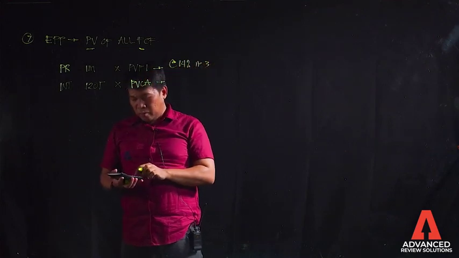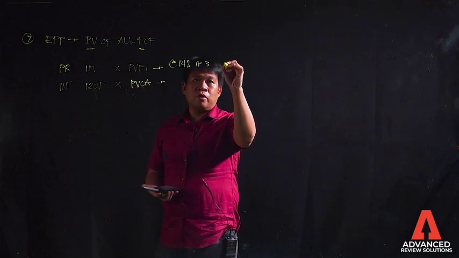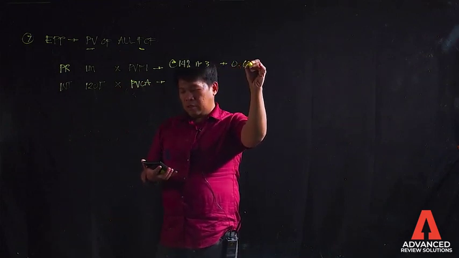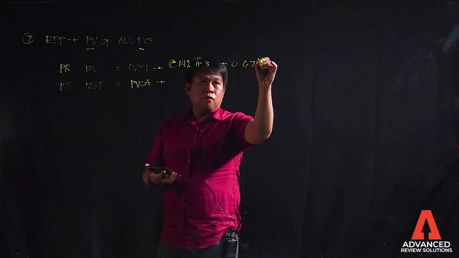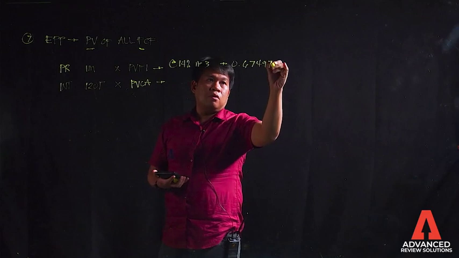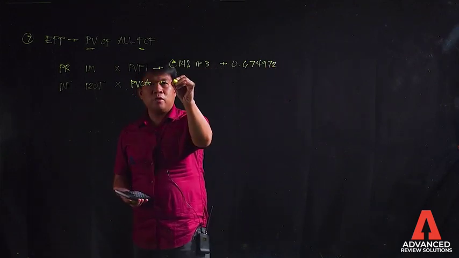So, that is 1.14, dalawang divide, tatlong equals. 1, 2, 3. So, this should be 0.674972.